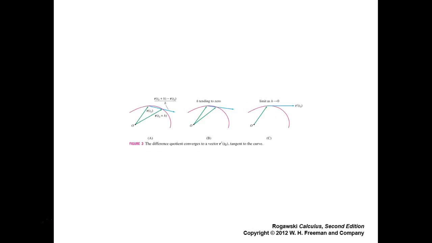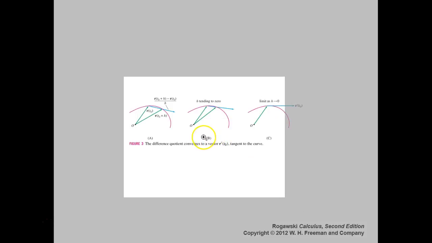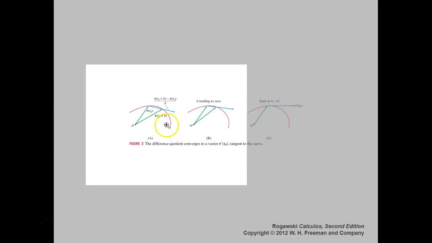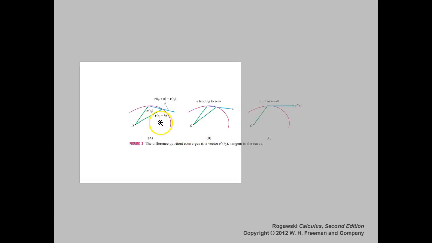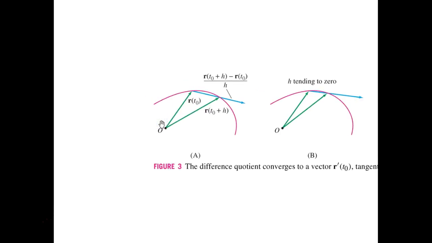All right. And I think that's what this slide shows. And it's not going to show it very well unless I split it into pieces here. Okay, first, difference quotient. You can't see it converging, but here's the first. There's r of t0, r of t0 plus h, when h is a hefty enough quantity, less than 1, but hefty enough.